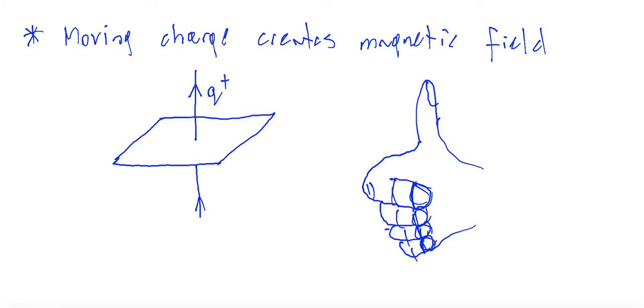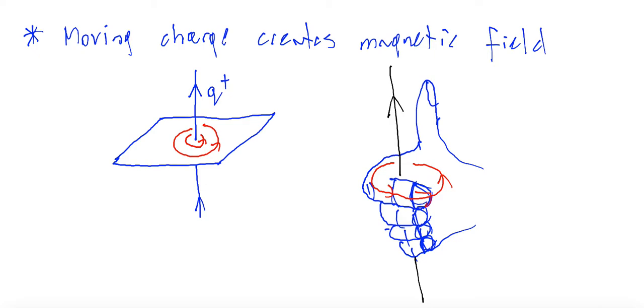So the thumb indicates the direction of motion of the charge, so our charge travels along this line. And the fingers show us the direction of the field. So the field is around in the form of circles. Magnetic field lines are around in the form of circles, and the direction can be found by using the right thumb rule. Is it clear?